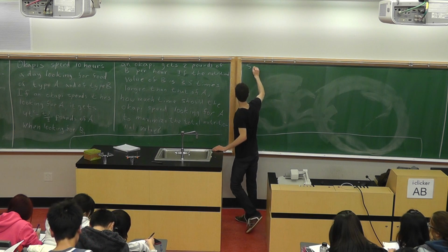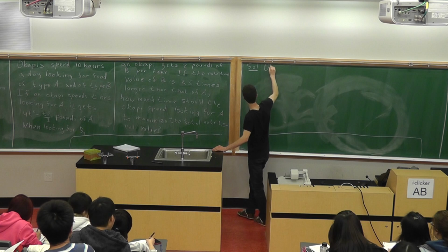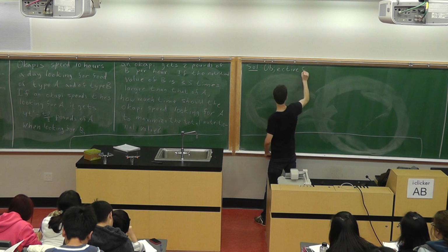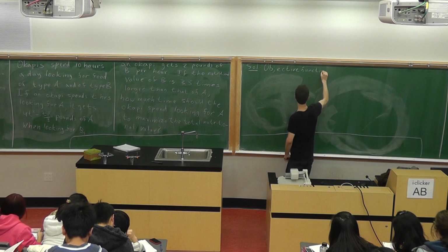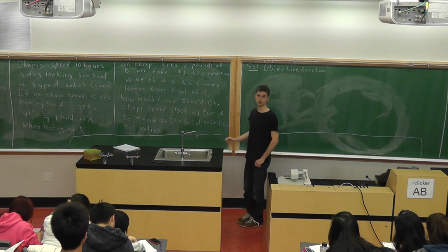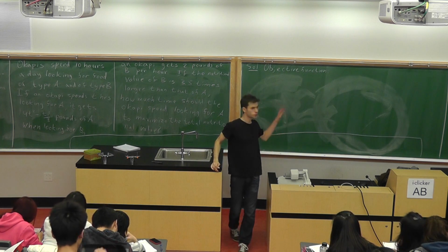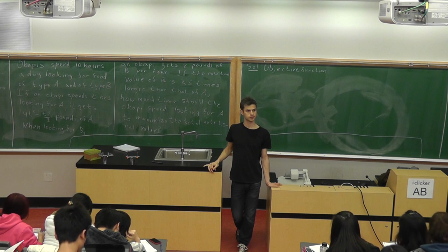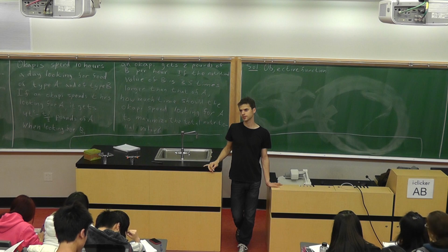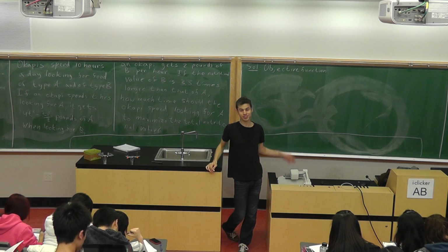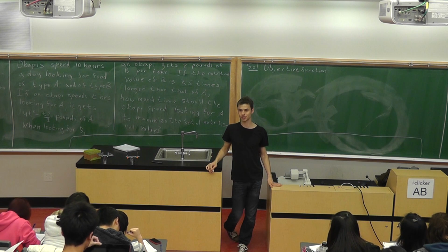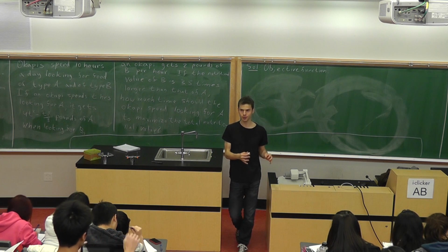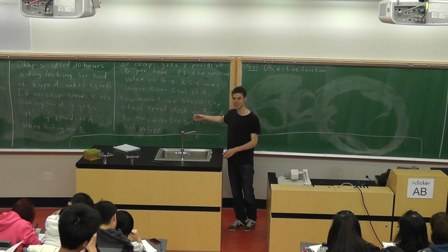So let's discuss first the objective function, what we are trying to maximize. Well, that's always the easy step in any optimization problem. Look for the word maximize or minimizing, and whatever follows is the objective function.